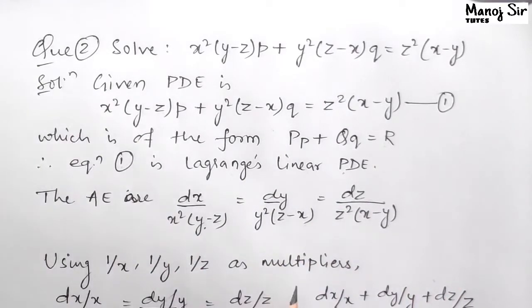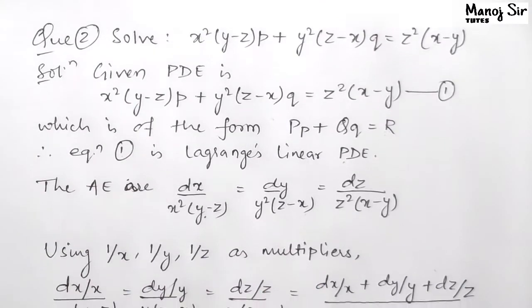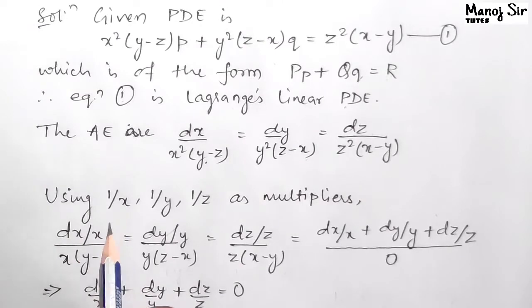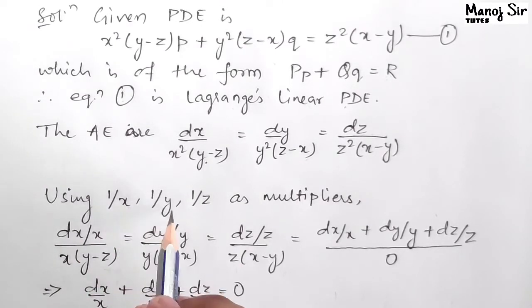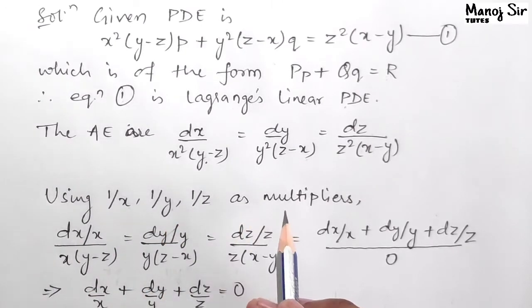So we will take the help of multipliers. How to choose multipliers, let us discuss. Here in this problem, I have chosen 1 upon x, 1 upon y, 1 upon z as multipliers.